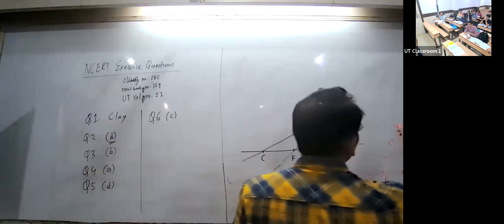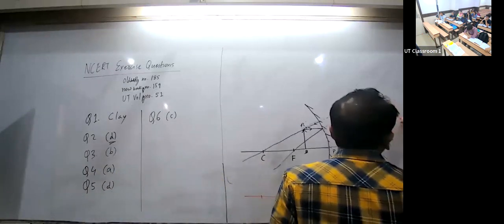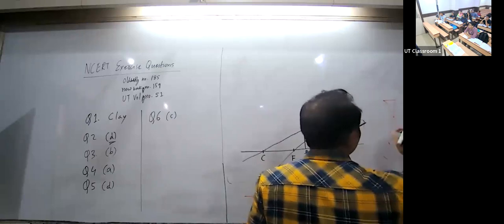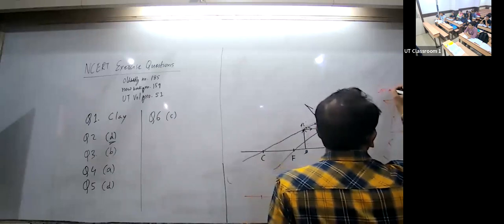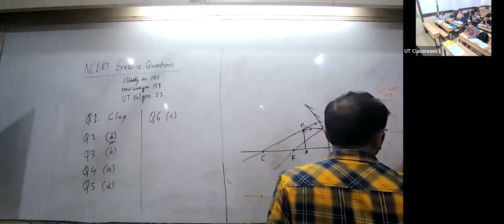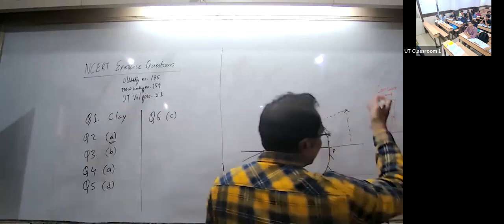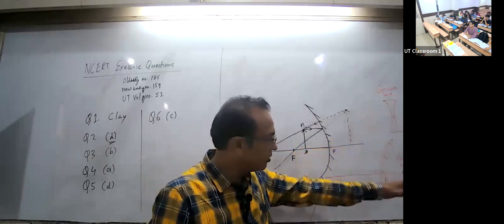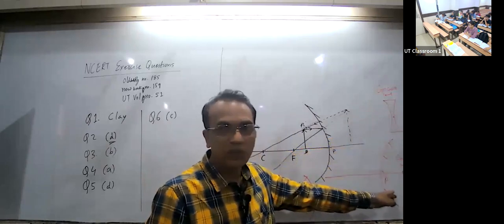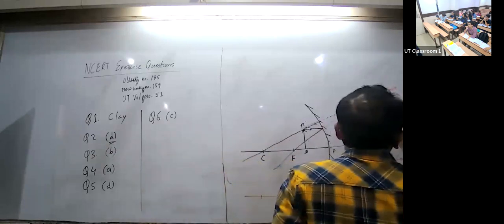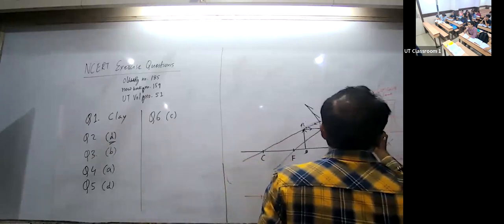अच्छा, यहाँ पे क्या होगा? This is a convex mirror, but this is a concave lens. This is convex mirror. The image formation nature is similar to convex mirror. So only 2 object positions. Now here you have so many references.